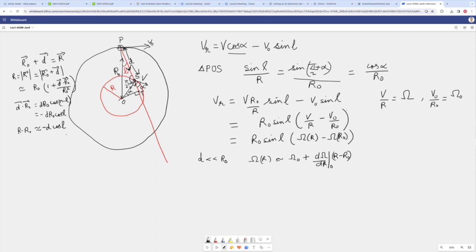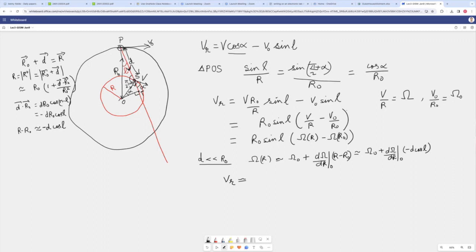So we will plug this in here. This is equal to omega naught plus d omega dr, with r minus r naught being minus d cosine of L. Okay, so what do we have for VR in the solar neighborhood, that is, d much less than r naught?